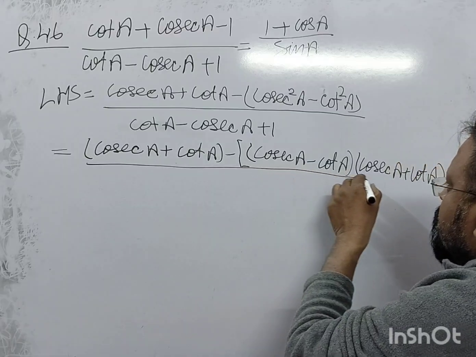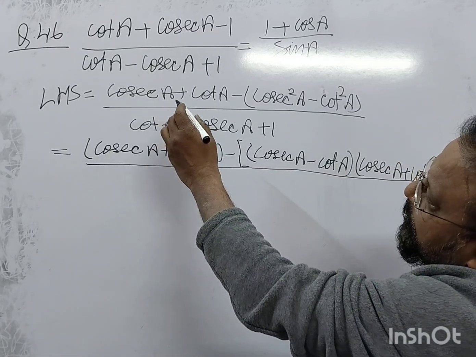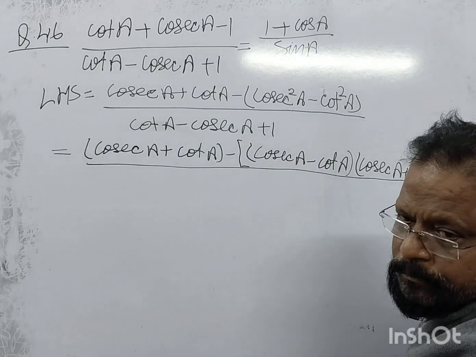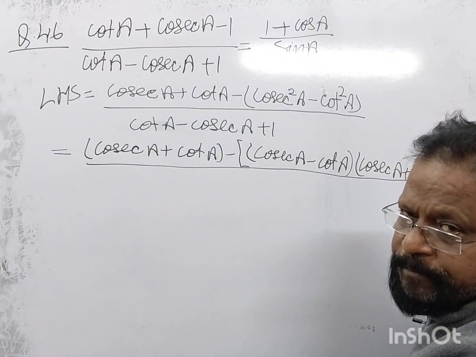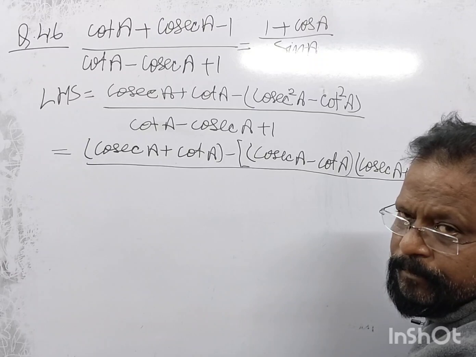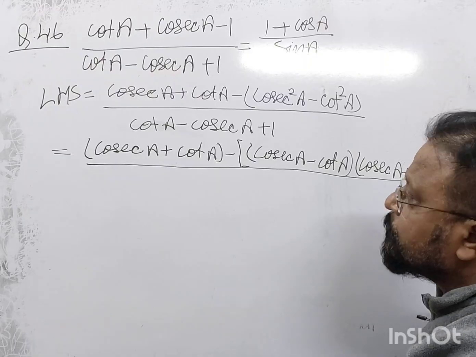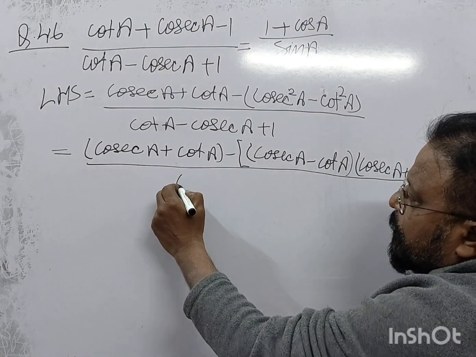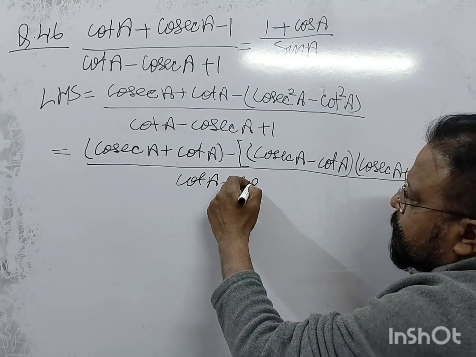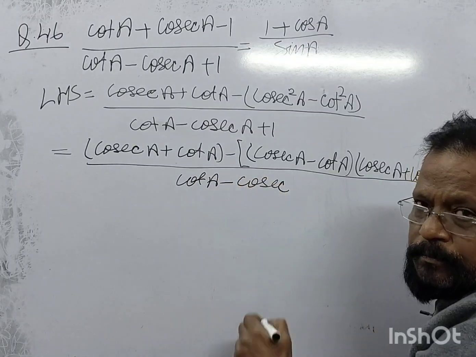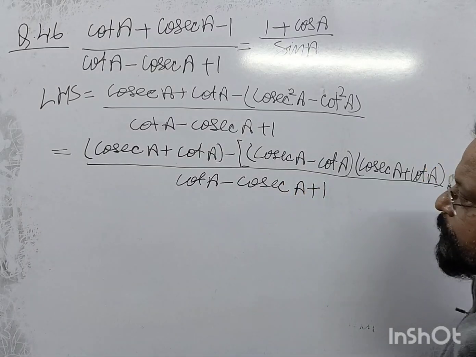Upon, I have written this correctly, cosec A minus cot A. In the denominator, what is written there? Cot A minus cosec A plus 1. Right, cot A minus cosec A plus 1.